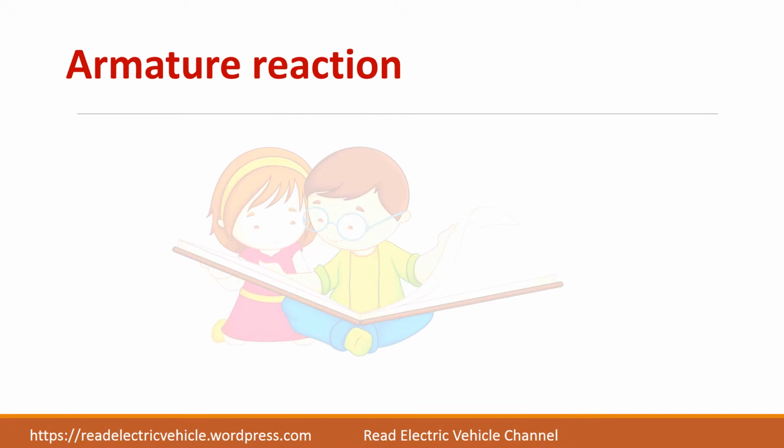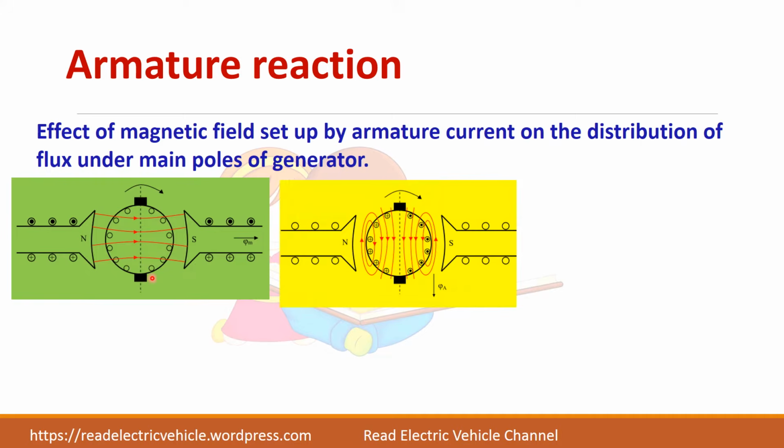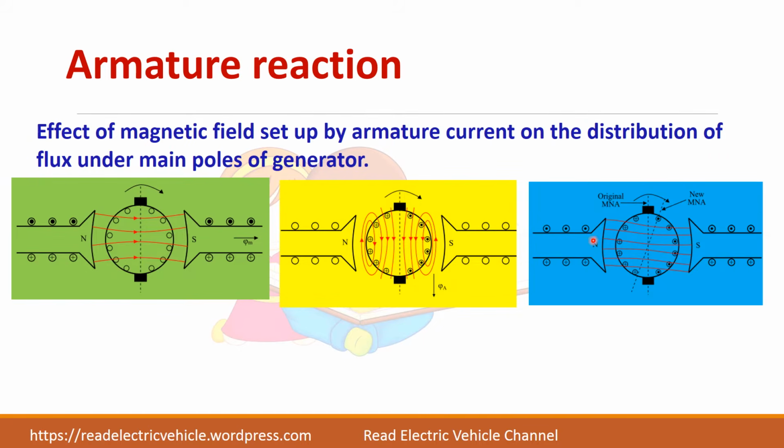Now let us see what we mean by armature reaction. We have main field poles which will generate a magnetic field. Similarly, the armature, which is rotating inside, has current carrying conductors. This current carrying conductor will also set up a magnetic field. So the effect of this field on the main field is called the armature reaction.